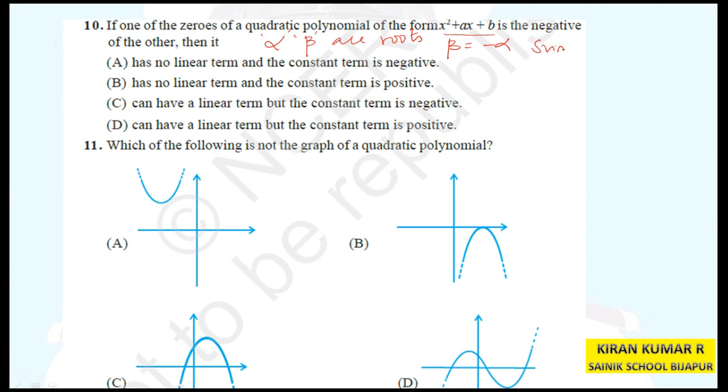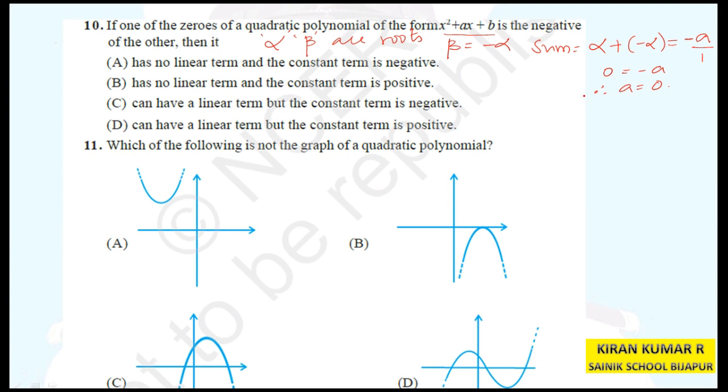Suppose I consider the sum, alpha plus minus alpha, which is equal to coefficient of x by coefficient of x square. So I will write minus a by 1. Alpha plus minus alpha is 0. 0 is equal to minus a, therefore a will be 0.